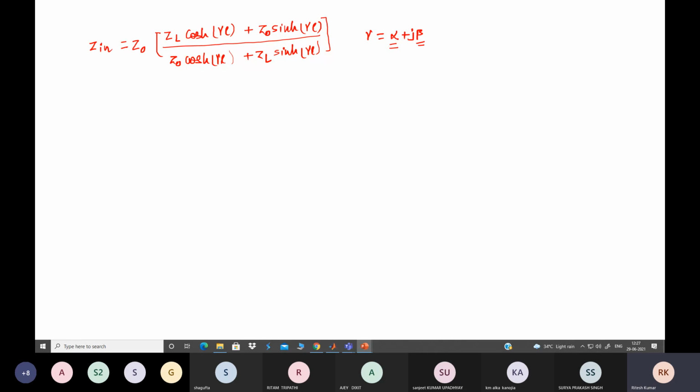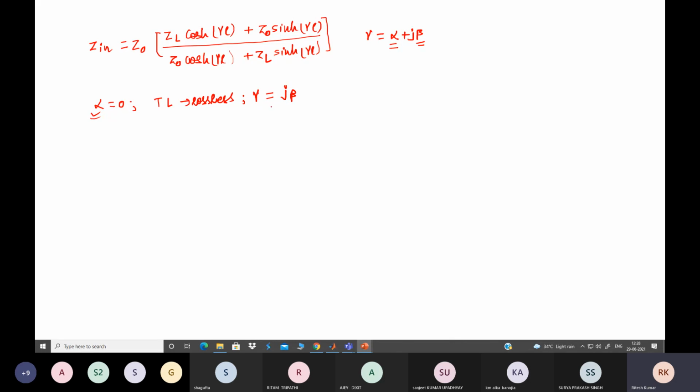This alpha decides whether the transmission line is lossless or lossy. If alpha is equal to 0, we can say that the transmission line is lossless, and in such a situation gamma can be replaced by j beta only, because alpha is 0.